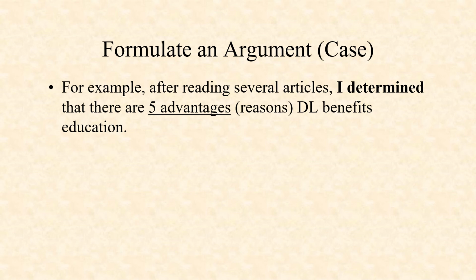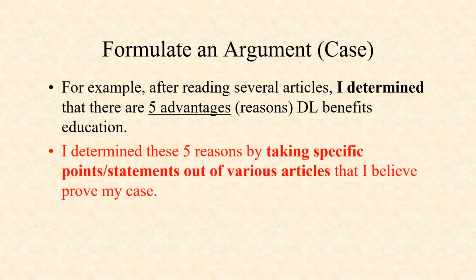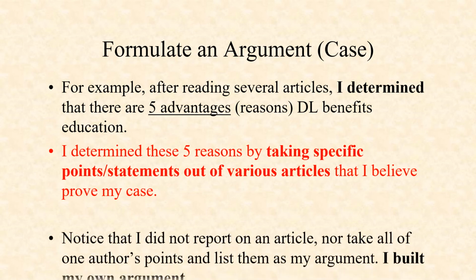For example, after reading several articles, and I looked at a lot of advantages to distance learning, I determined that there are 5 good advantages, 5 good reasons and ways that distance learning benefits education. I determined these 5 reasons by taking specific points out of different articles that I believe prove my case.